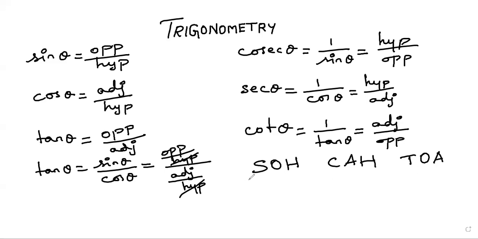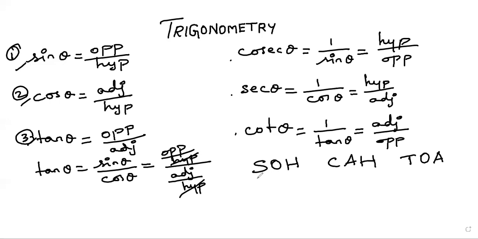This is one of the slogans to remember sine, cosine, and tangent. Once you remember these three, it will be easy to do with cosecant, secant, and cotangent. So this first three is very important. First one, the second one, and third one is very important to remember. So to remember these three, this is the slogan.